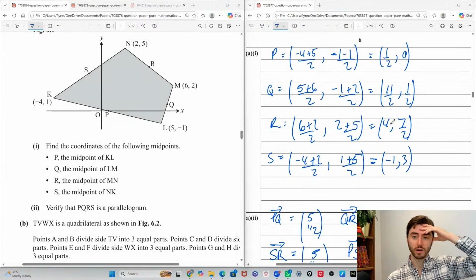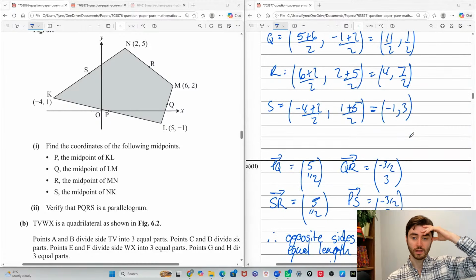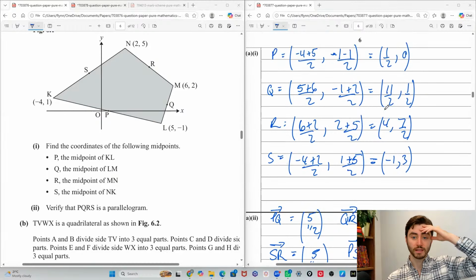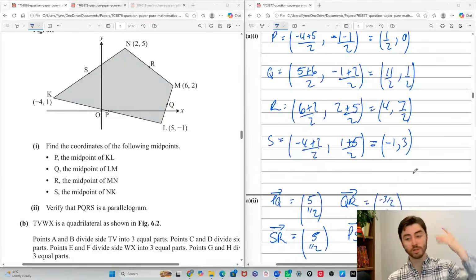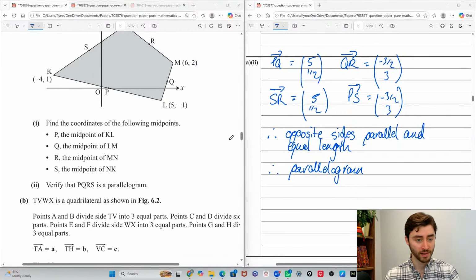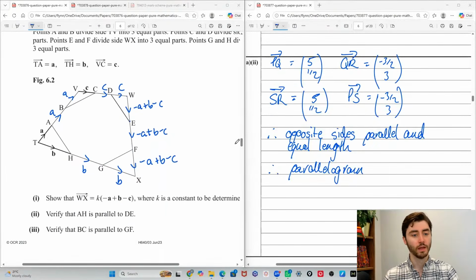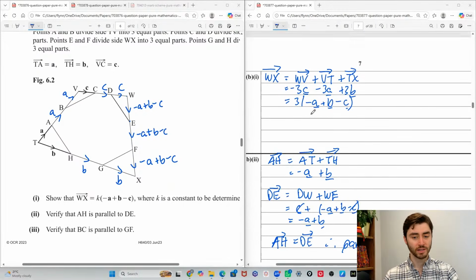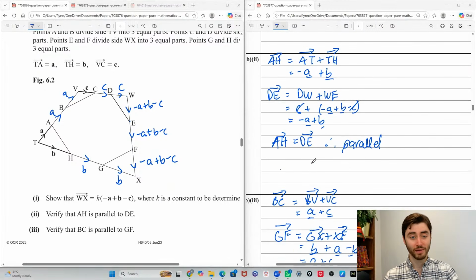Going from Q to R is minus 3 over 2 and 3. And going from P to S is minus 3 over 2, 3. I'm just really happy with that. So the opposite sides are equivalent vectors, so they're parallel and equal length, therefore parallelogram, feeling good. Show that, I did show that, verify. I'm happy with how I did my vectors.